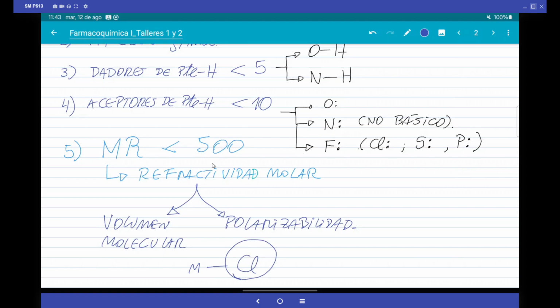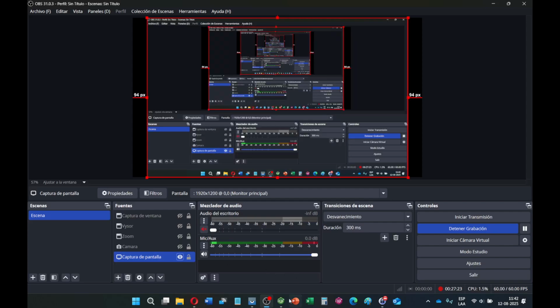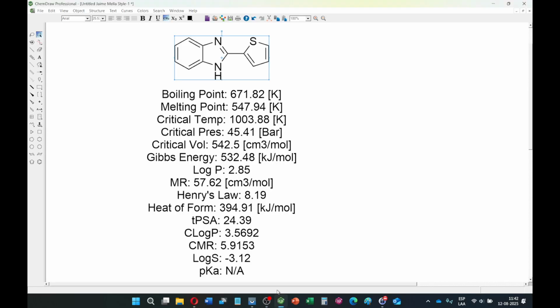So let's go now here, so you can see that we also have this data in this type of calculations. Look, here for this same molecule that we were doing the molar refractivity, if we go down, the calculated value is very high.